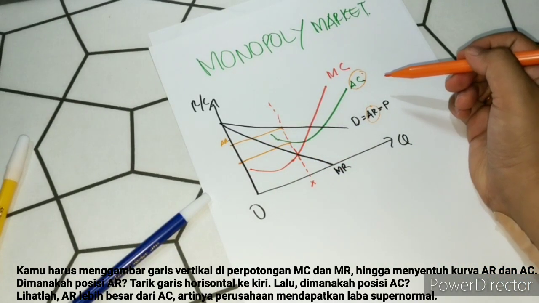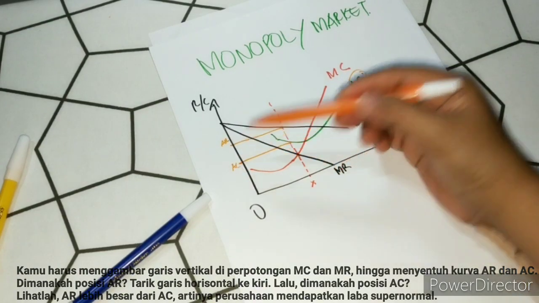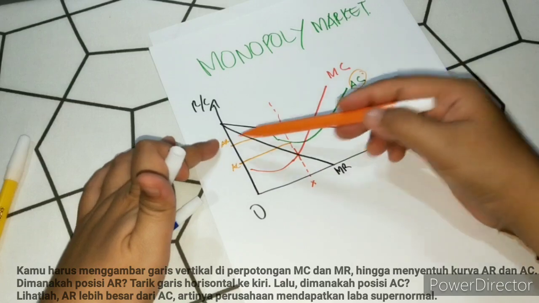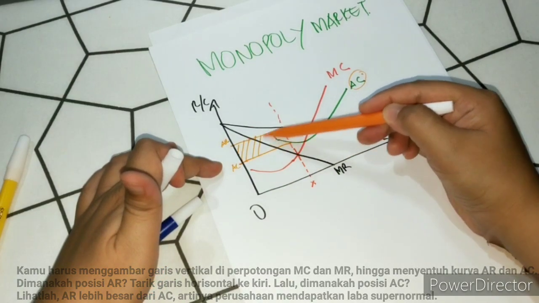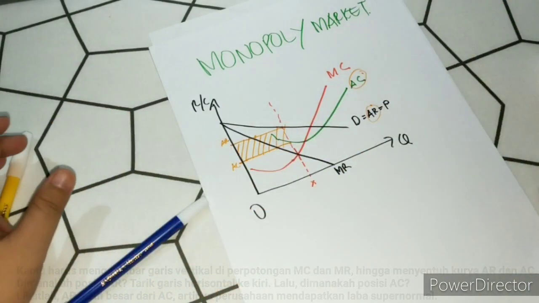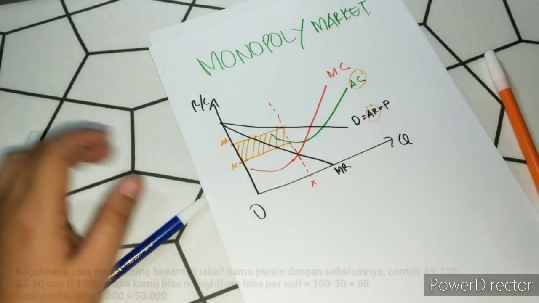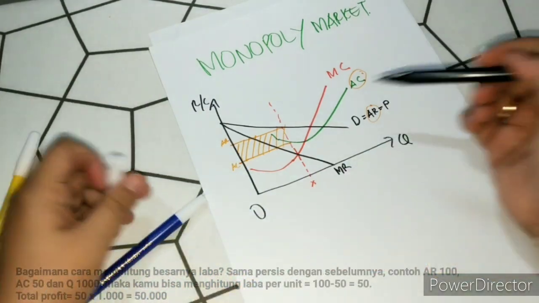See, it means the average revenue is bigger than the average cost. The revenue is bigger than the cost. It means your company gets the supernormal profit. How much is your supernormal profit? It's exactly the same calculation as in the perfect competition market.